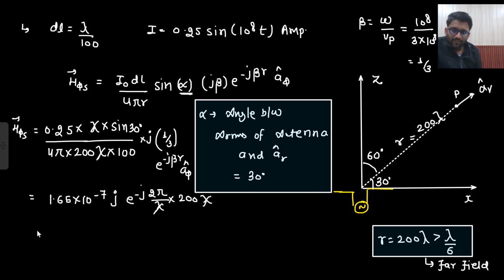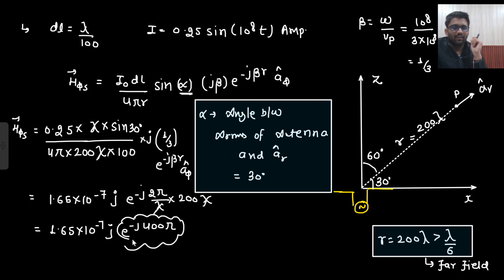So what are we getting? 1.65 into 10 to the power minus 7 j e to the power minus j 400 pi. What is the value of this? 1. And certainly there is a direction as well. So let's not cancel lambda to lambda, and this is the direction.